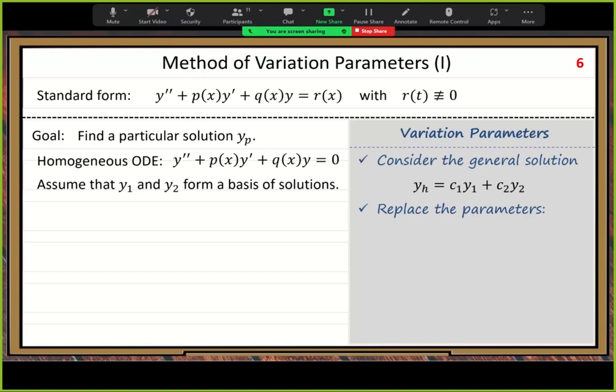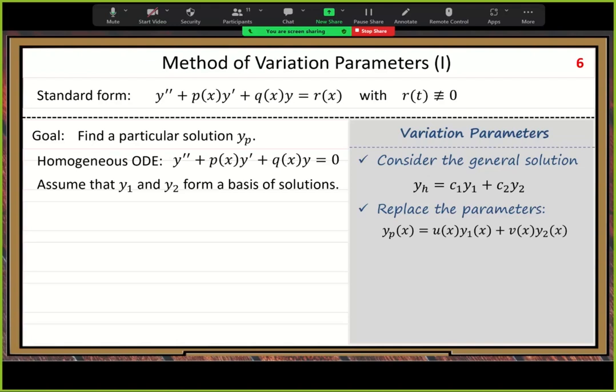Sometimes you need to do that. Replace C1 and C2 by two undetermined functions, U function and V function. Replace two constants by two functions. How about that idea? Is this a brave step?